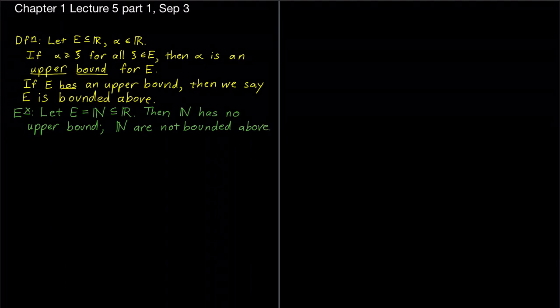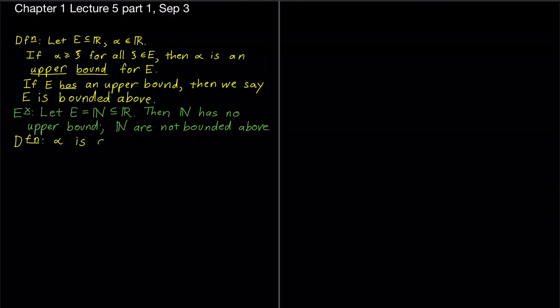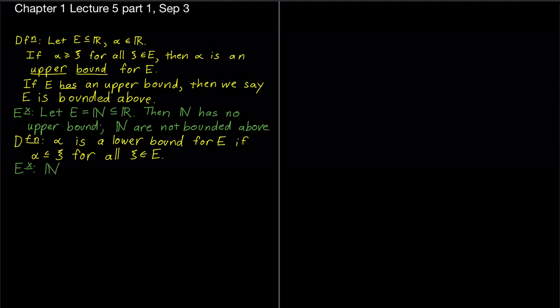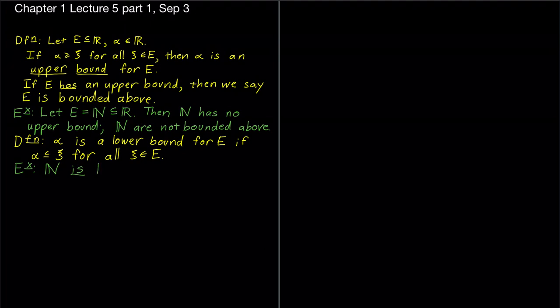We can define a lower bound analogously. And then, same example, the set of natural numbers is a set that is bounded below.